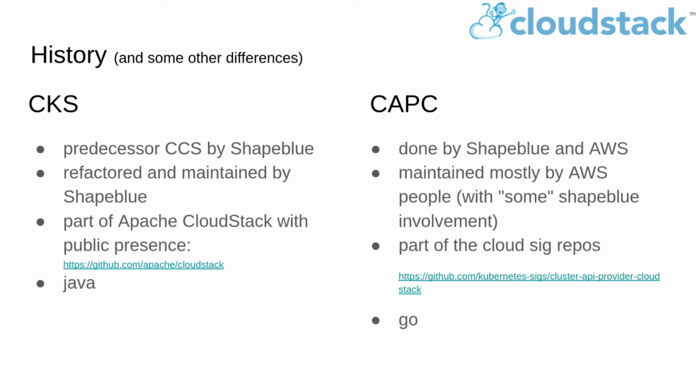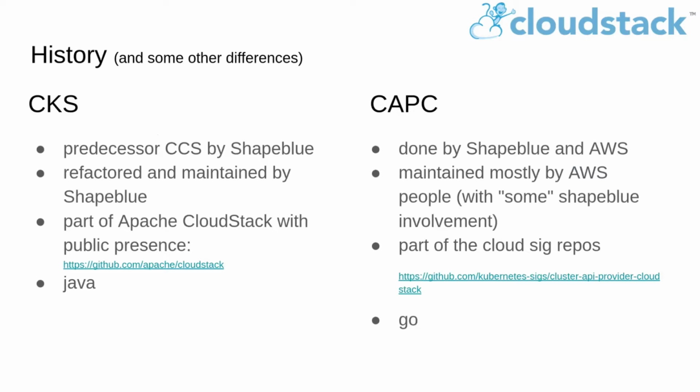So first slide, history. CKS was started as CCS, and then there was a lot of discussion in the CloudStack community about how the architecture should be, and at a certain moment, some visionary just bit the bullet and said, no, we're not going to do that. We're just going to implement the Kubernetes cluster.